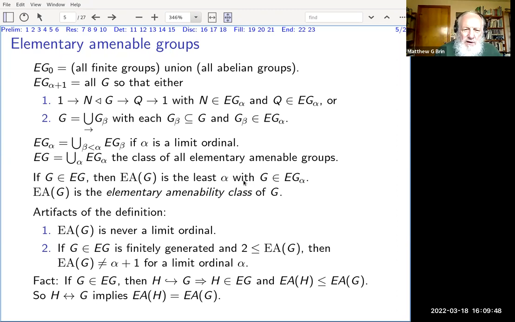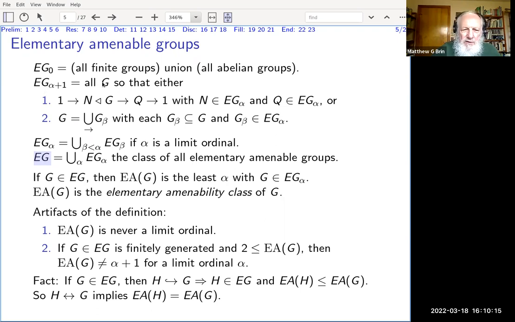And second of all, the analysis, whatever there is, will be making heavy use of the EA classes. So let me just go through this. It's probably familiar to a lot of people. So the elementary amenable groups are in a class called EG. The group is filtered, and EG0 at the start is all finite groups thrown together with all abelian groups.